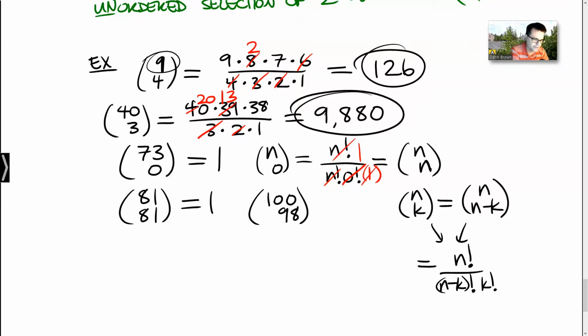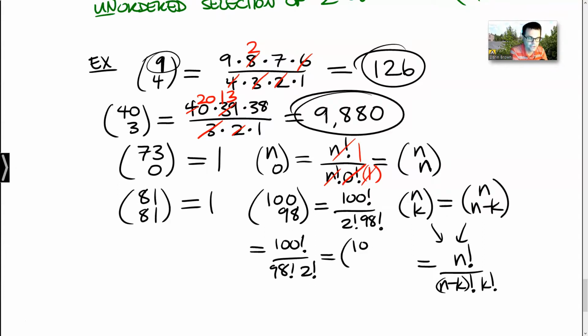The way it's written here is the definition of n choose k, but if you apply that to n minus k, what's n minus n minus k? N minus n plus k would be k factorial, and then you have the n minus k. So the factors would just switch. So 100 choose 98 would be 100 factorial over 2 factorial 98 factorial. That is the same as 100 factorial over 98 factorial 2 factorial, which would be 100 choose 2.